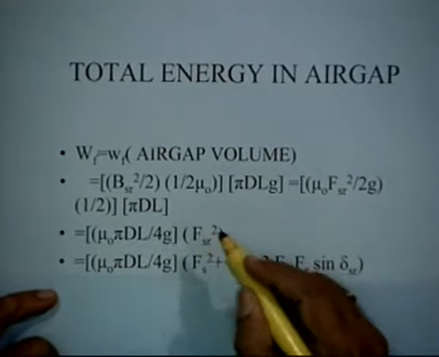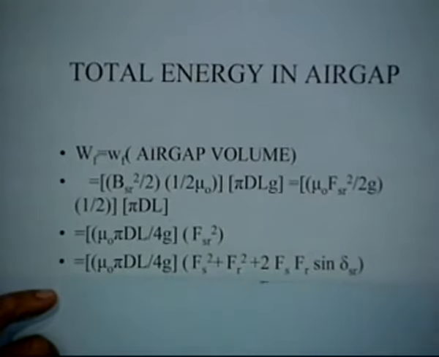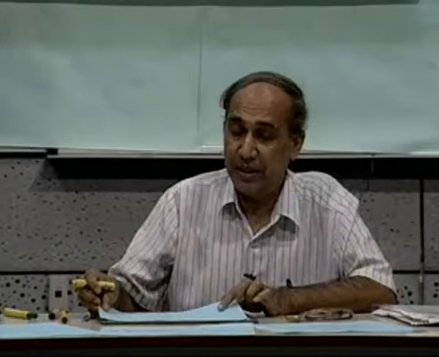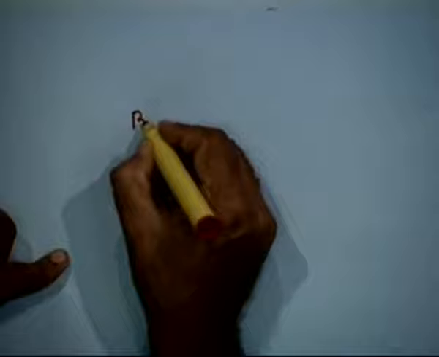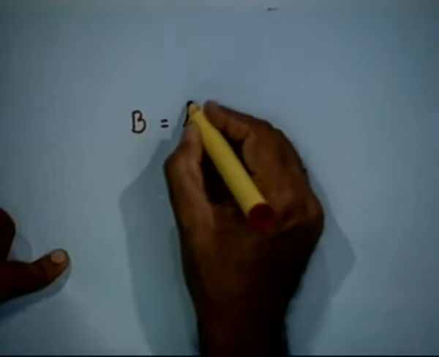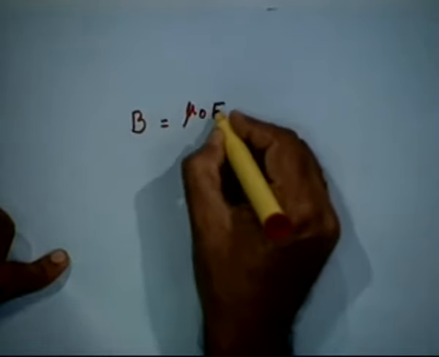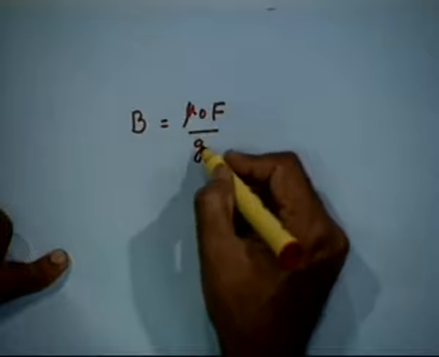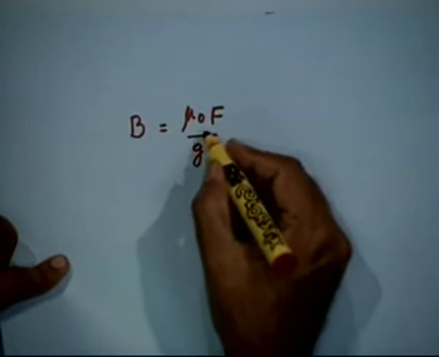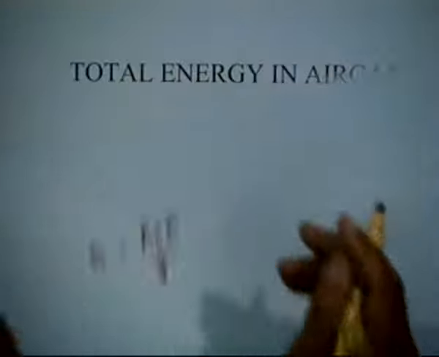Now we have a relation between B and F. What is the relation between B and F? B is μ₀ F by g, right? So B² will be μ₀² by g² into F².